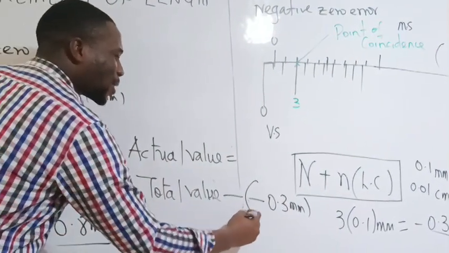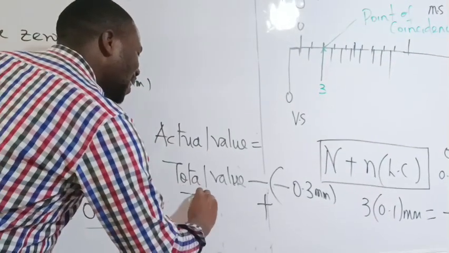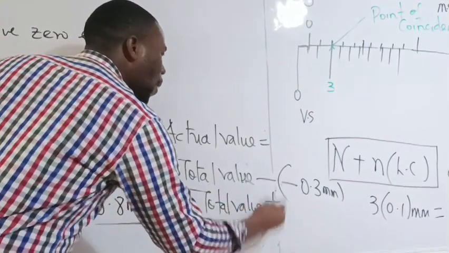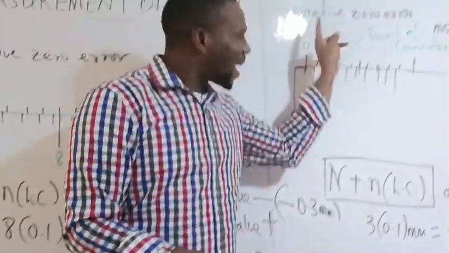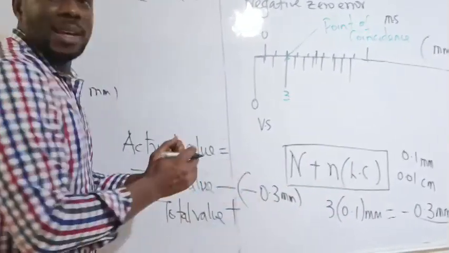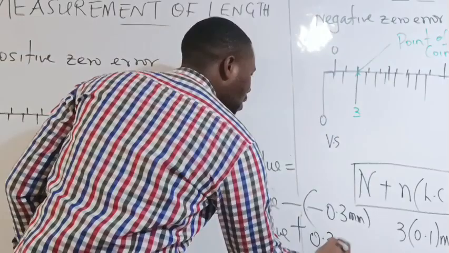The minus times the minus would give us a plus. So to get the actual value, it is the total value plus the negative error, in terms of its magnitude, because the minus sign would cancel out to be a plus. So this is plus 0.3 millimeters.